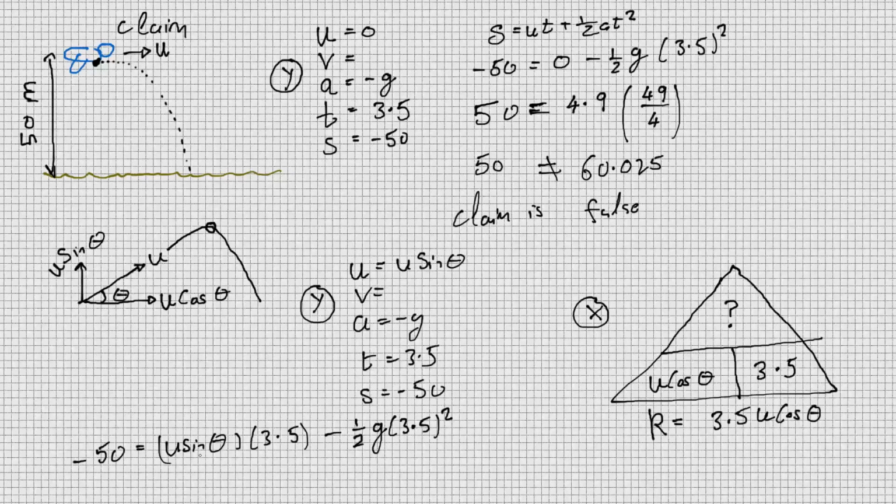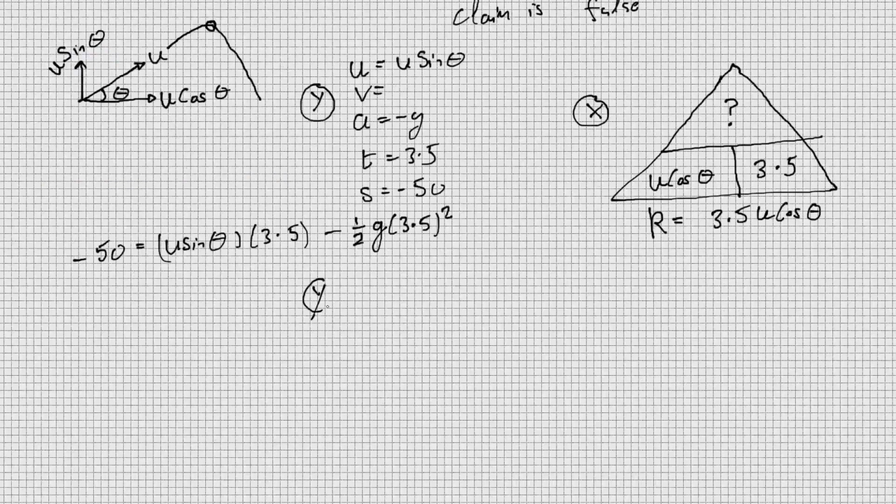What I'm hoping is that the equation to figure out what the maximum height is, so that's the s vertically, will contain u sine theta, because if I was looking for u sine theta, I could do that here. I think it should. So if we're looking now at the maximum height, u is u sine theta still, the v is 0, the a is still minus g, the t we don't know, the time to the maximum height, and the s we don't know, and that's actually what we want.